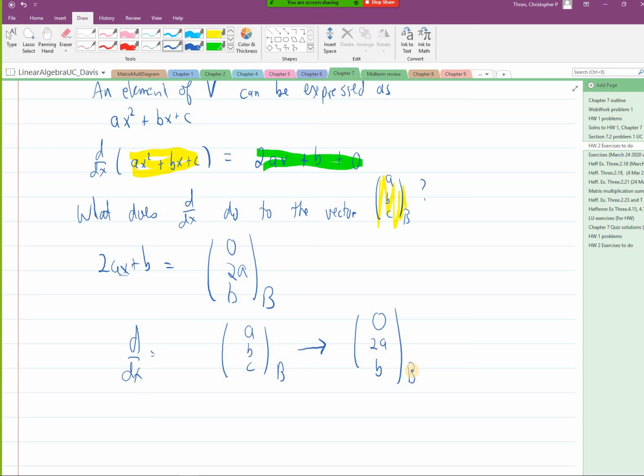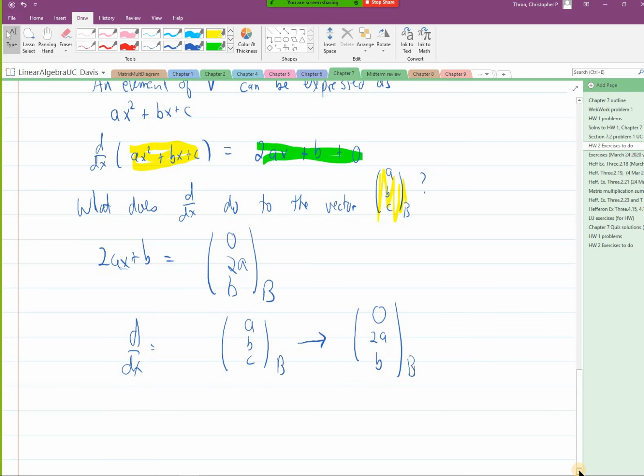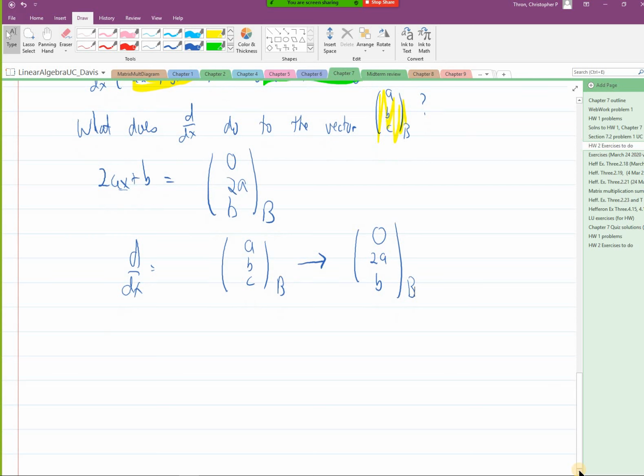Let's see, there are a number of ways to do this. I could write this as A times, let's see. Well, I don't know what's the best way to do it.